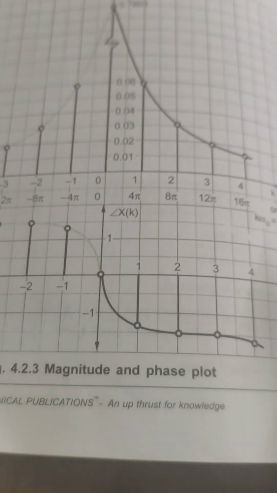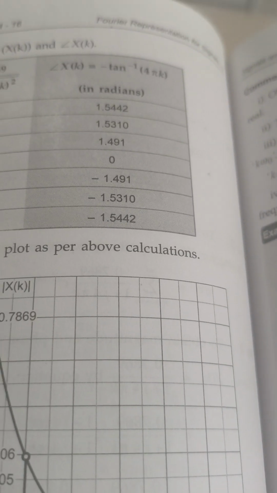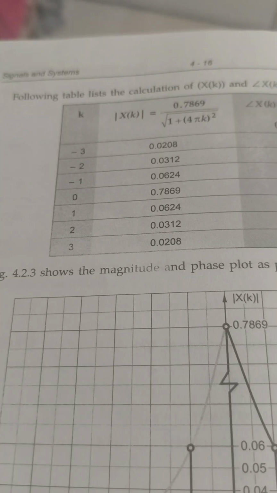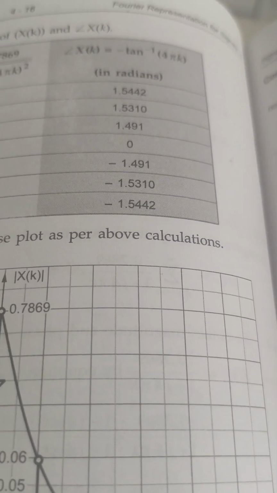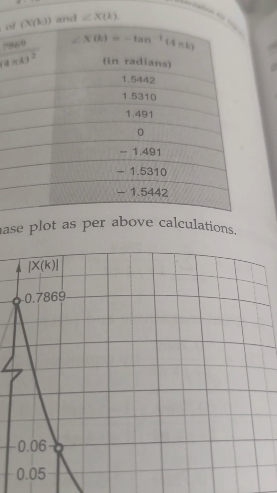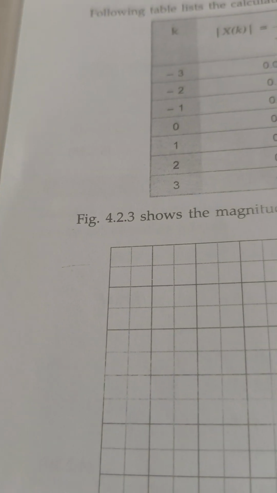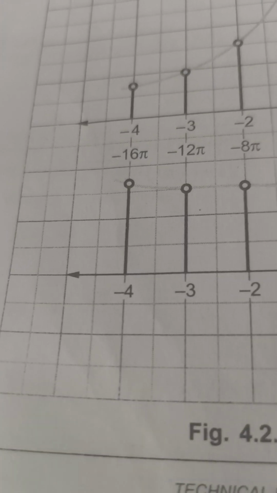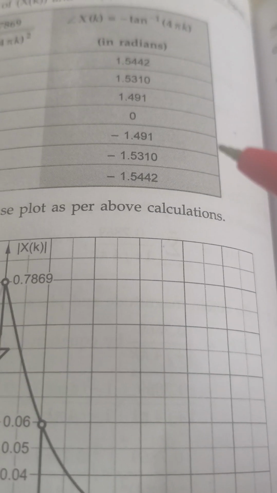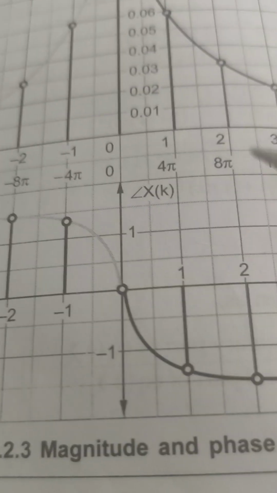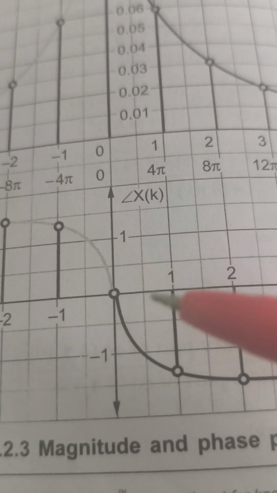Also, when we substitute the values for the phase, for minus 3 we'll get 1.544. Minus 3, how much? It is about 1.5. Here you see, this is 1, so minus 3 is here, at 1.5.